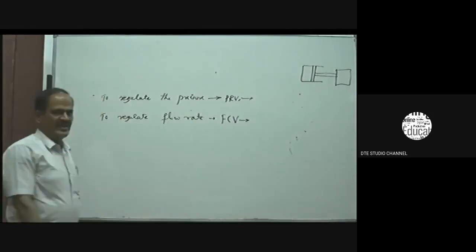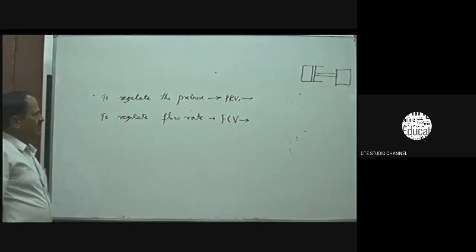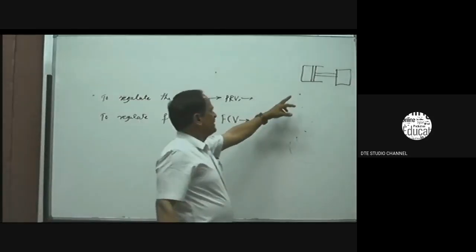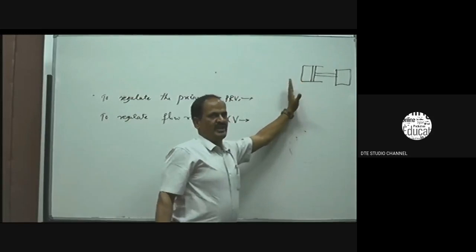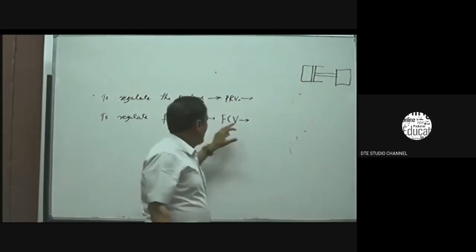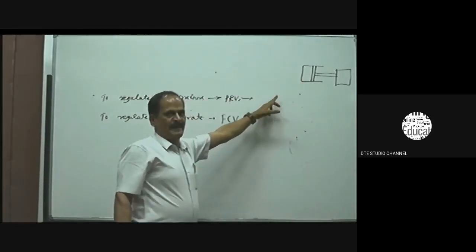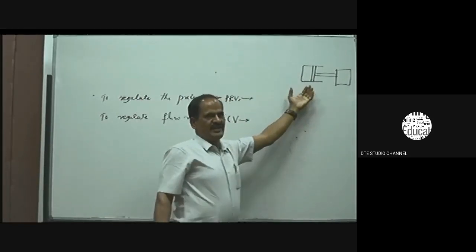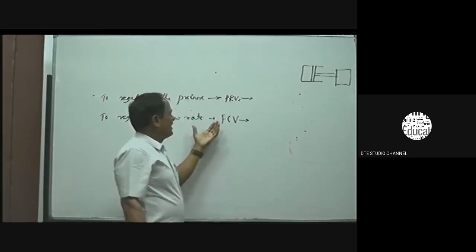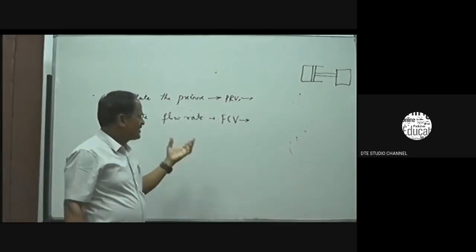It also depends upon the speed at which the load is moving. In the actuator, whenever the load has to move at a high speed, then the flow rate must be high. If the speed is less, then the flow rate must be decreased. This is done by the flow control valve.